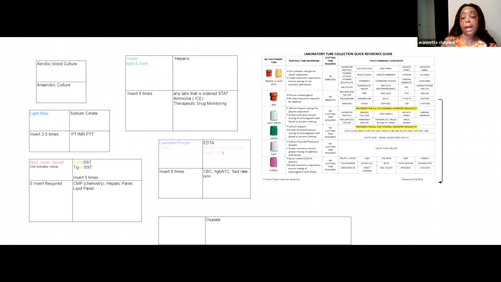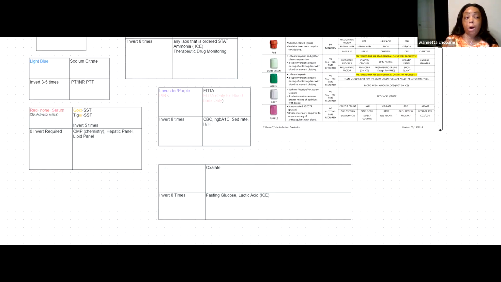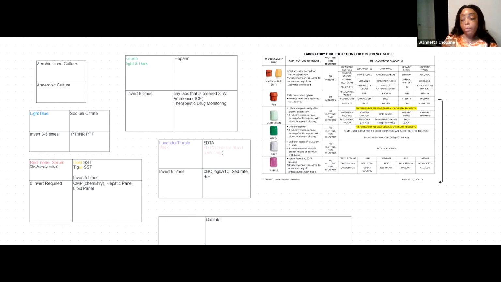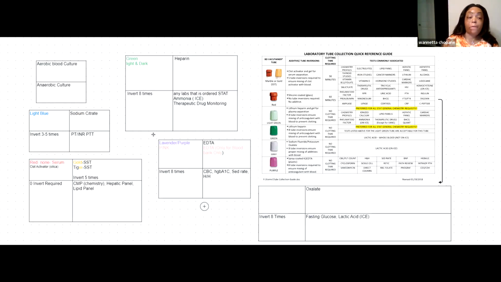Now, with this being said, this is my whiteboard for, as I call it, the order of draw. Again, I don't know if you want to take pictures or a screenshot of it. I do not on purpose want you to have all of these things that you have to study from.